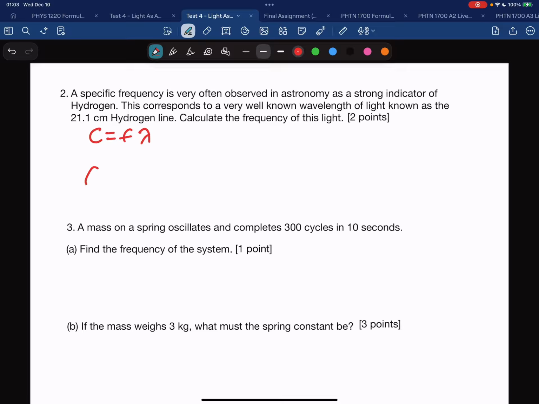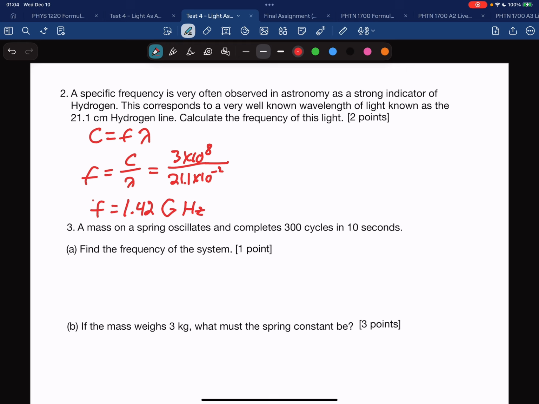Rearranging for frequency gives us c over lambda. C is 3 times 10 to the positive 8 meters per second. Lambda was our 21.1 centimeters, so I'm going to multiply by 10 to the -2 for centimeters. And that gives us a frequency of about 1.42 gigahertz.